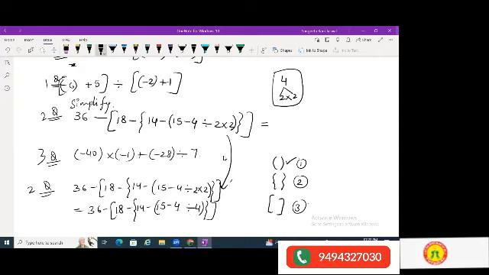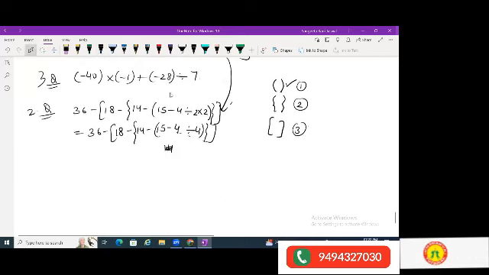So 15 minus 1 becomes 14. 4 divided by 4 is 1. Are you understanding? Look here. 18 minus 14 minus 15 minus 4 divided by 4 is 1.